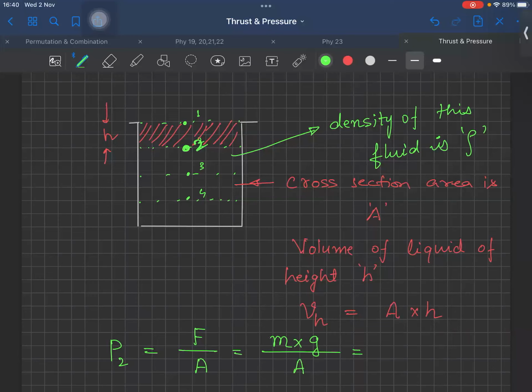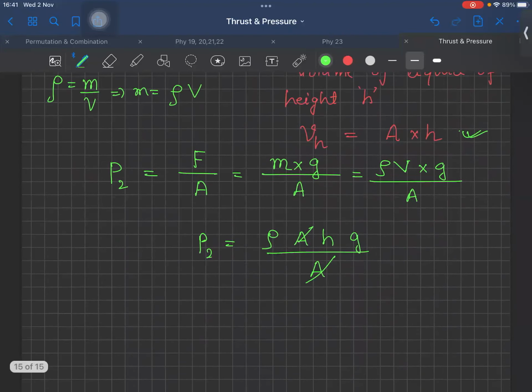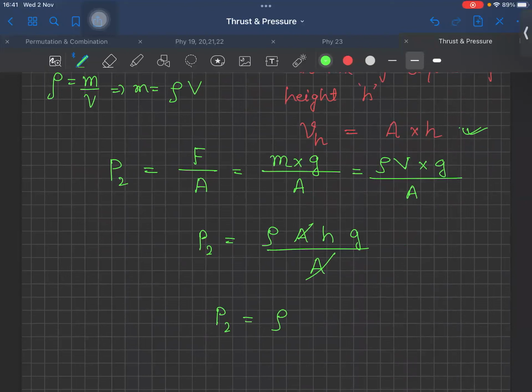Now we know that density is equal to mass by volume. Therefore, mass will be equal to density into volume, right? So we can write mass into G divided by A, which is density into volume into G divided by A. Now volume is equal to A into H. So P2 will be the density of the liquid multiplied by area into height into G upon A. Now A and A will get cancelled out. So pressure at point 2 will be equal to rho G H. You see?